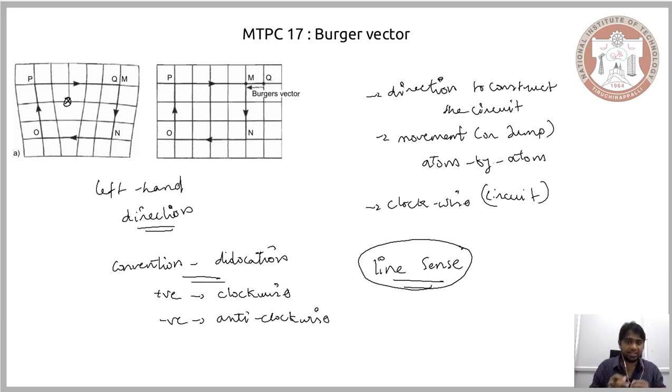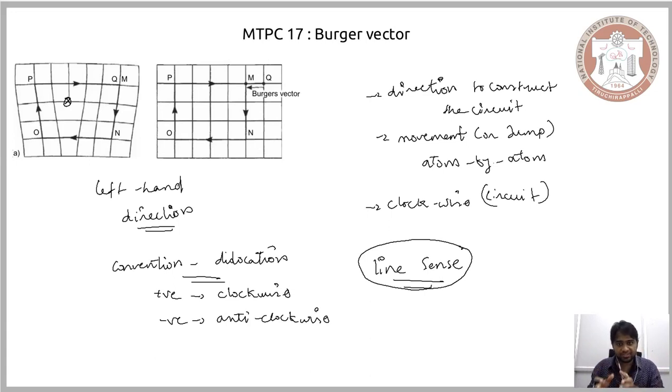As we have seen while considering the different conventions for constructing the Burgers circuit, we need to fix which system we consider first. Are we considering the ideal system first, or the system with the dislocation first? That needs to be fixed initially.